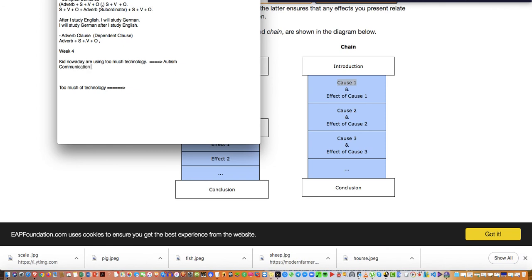This is just words, right? But I want you to write it into a topic sentence. So it should be: it breaks down the communication between kids and parents. Correct, right?